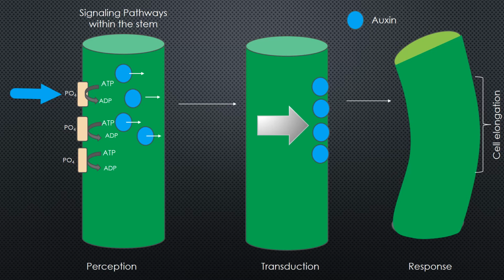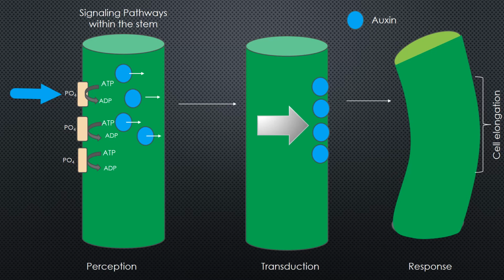One of the things that occurs in our signal transduction pathway is the activation of proteins called PIN, capital P, capital I, capital N. You don't need to know what that stands for. What you need to know about it is it essentially allows for the export of a hormone called auxin. So auxin is a plant hormone.